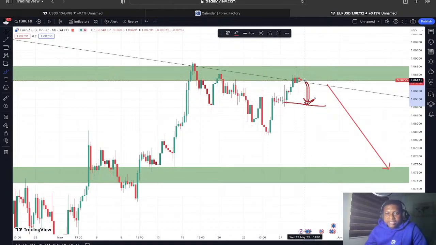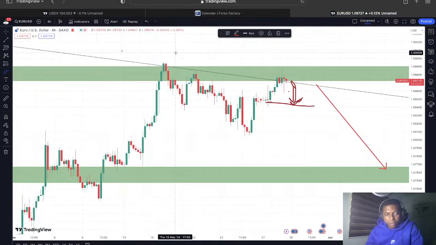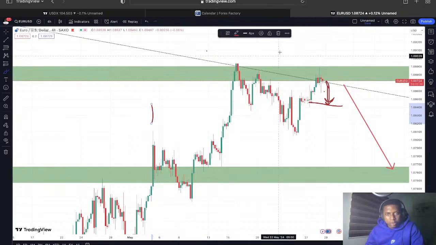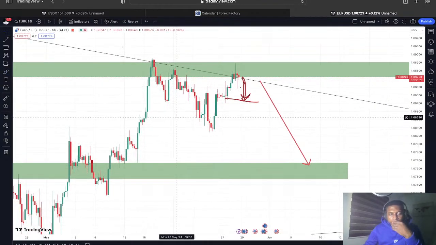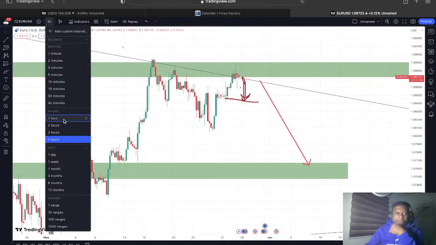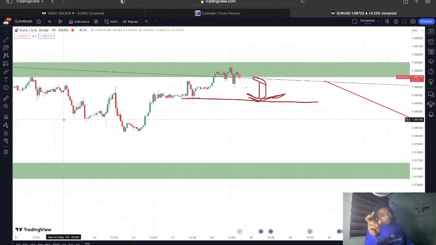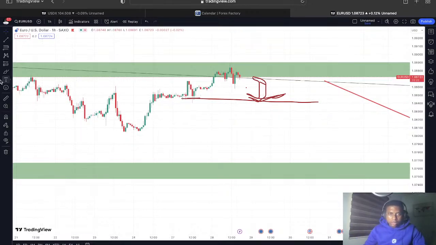From here, if price closes outside this zone where it is now, it's a confirmed bearish momentum. But if price closes above, then we might see a bullish momentum. Likewise. So let's go down to the 1 hour time frame so we can conclude on what we anticipate at this level.